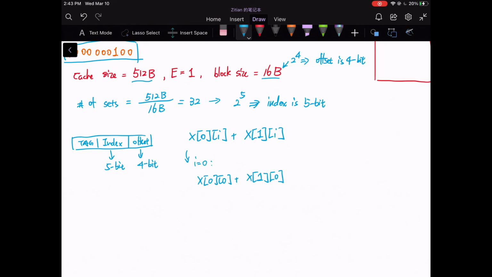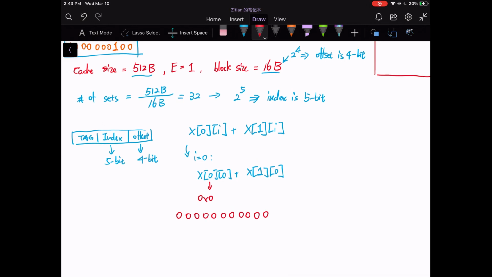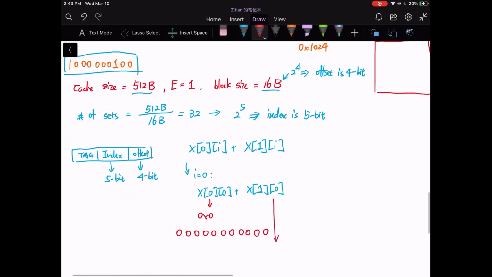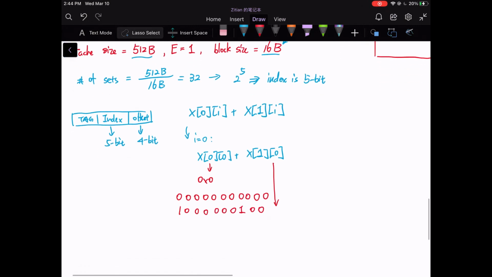So there are some interesting things in cache. For x00, we know the address is 0x0, so it's all 0. Let's give some arbitrary numbers for it. And for x10, the representation is 10 0000 0100.